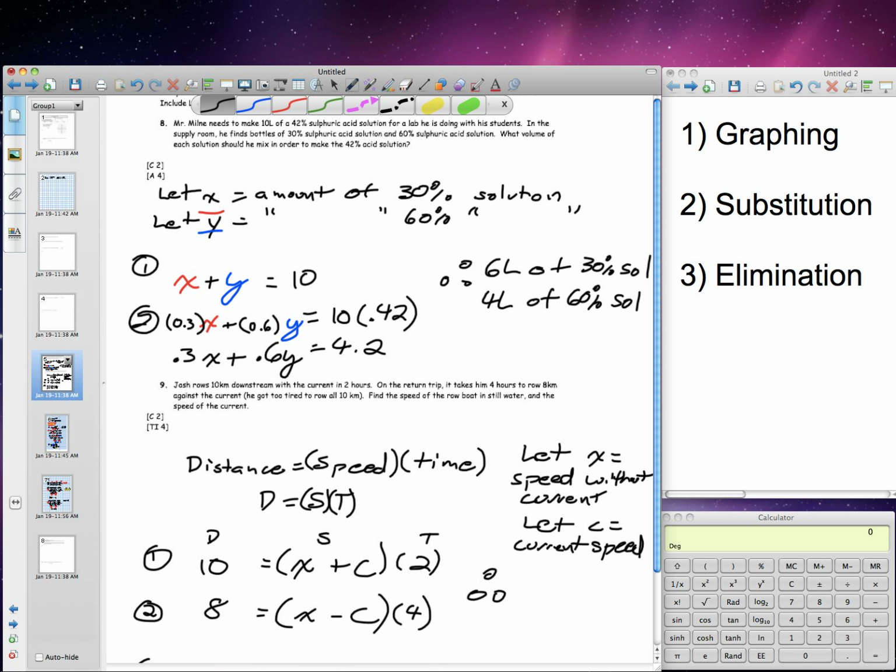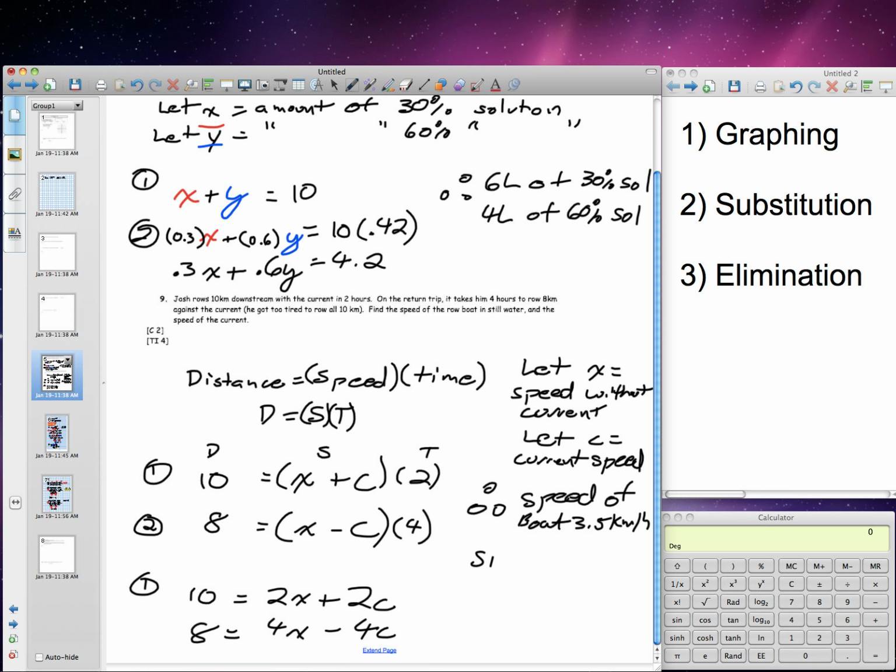Therefore, speed of boat is 3.5 kilometers an hour, and speed of current is 2 kilometers an hour.